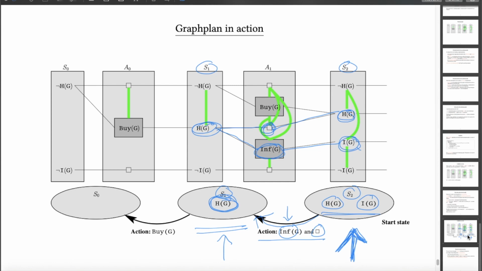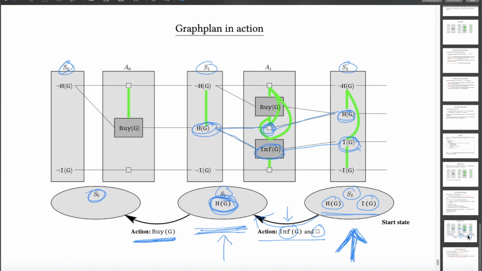Now in this case, we can finish off the process. Now we've got to this state in our search problem. It has HG. Now we want to move to a state corresponding to S0. That means we have to find an action in our search problem denoted by some actions within our planning problem. We want actions that achieve HG.